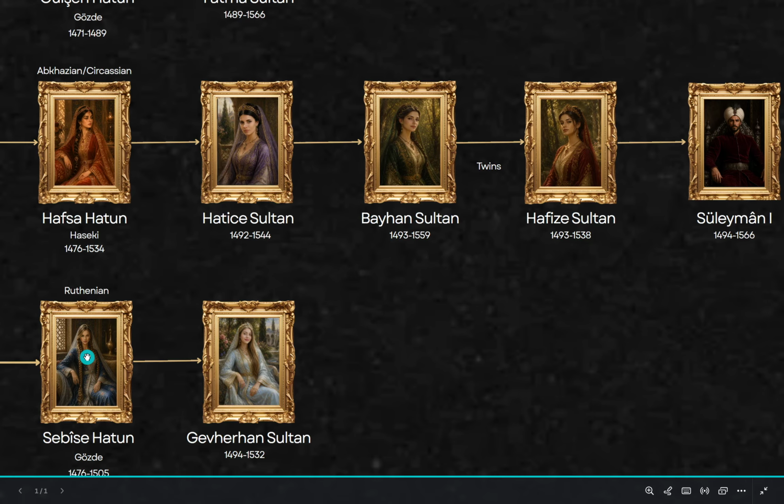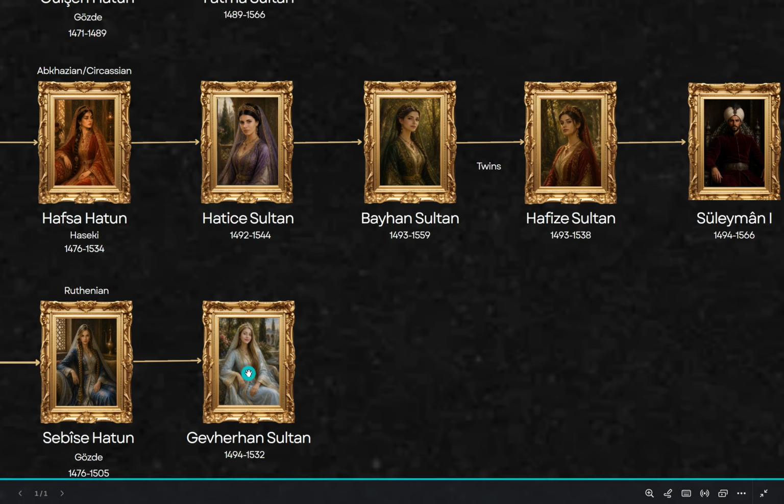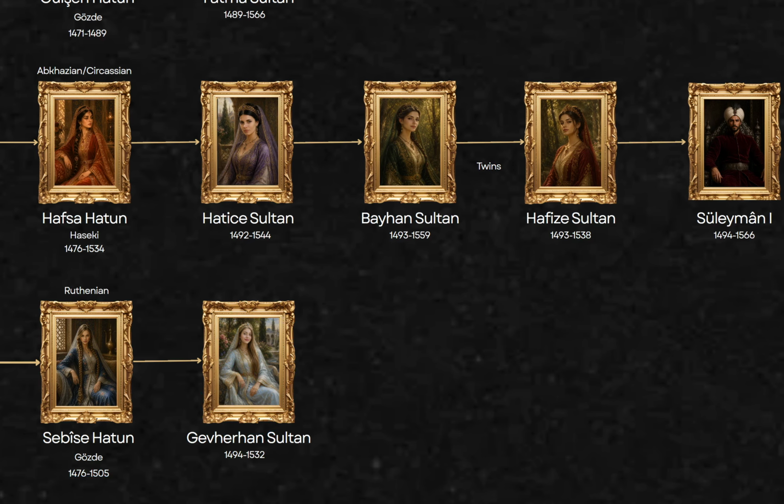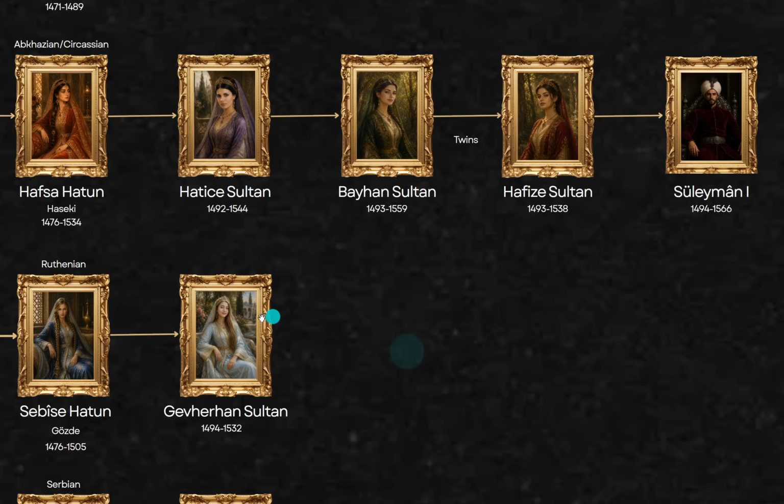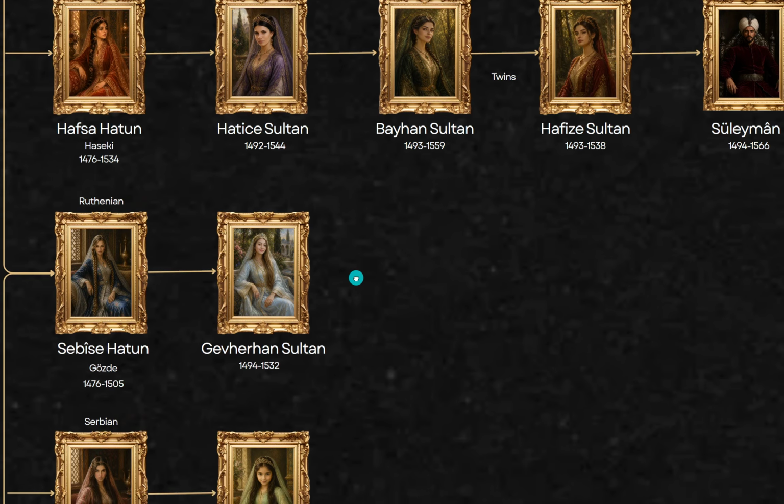This concubine, she also dies during the plague, 1505, right? So that left this daughter motherless, and we also have an opportunity for Hafsa to foster this girl, which seems likely because she also had a nice bond with Suleiman's mother.